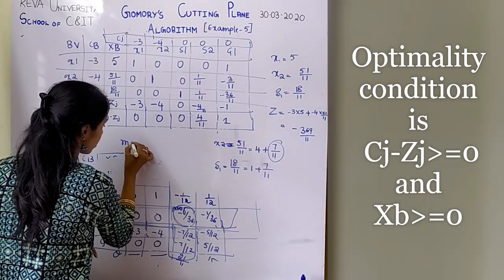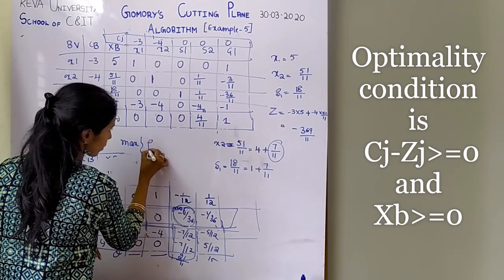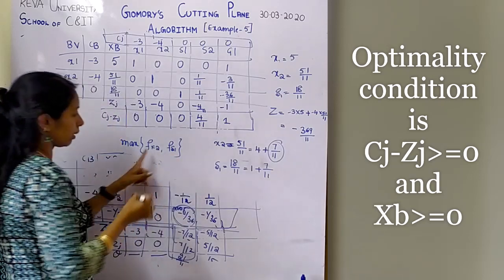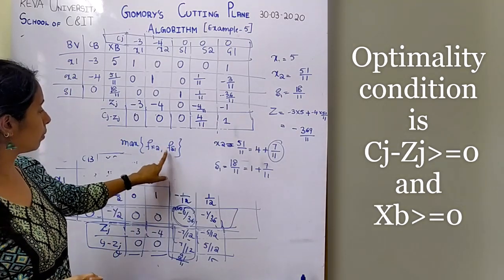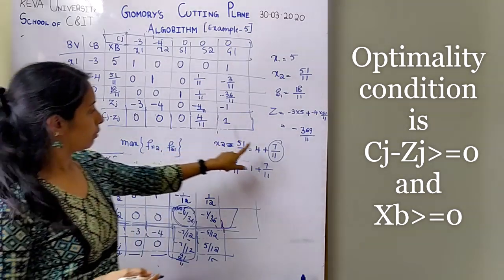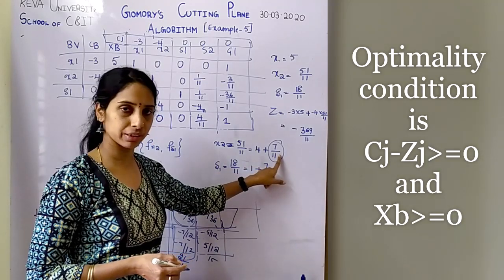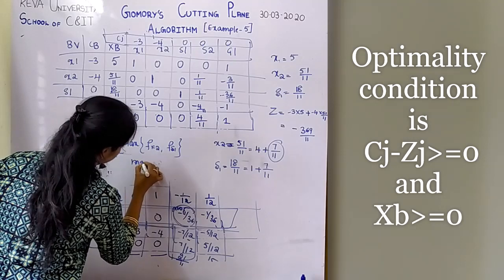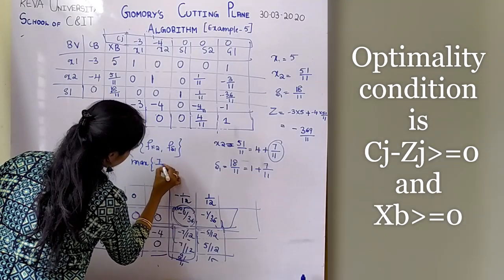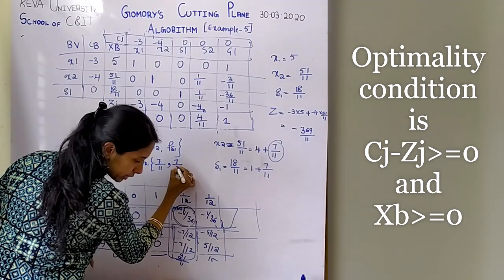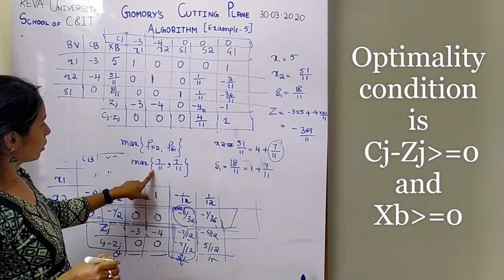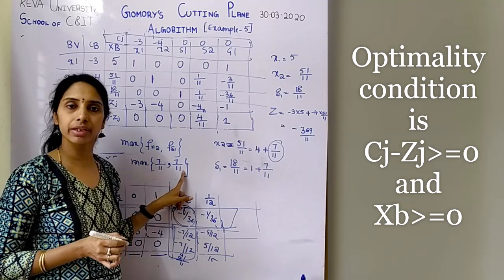How will you choose? The maximum fractional part from among the fractional parts of x1, x2, s1. Which is the highest? You have here 7 by 11, and the fractional part is again 11. So both are equal here.